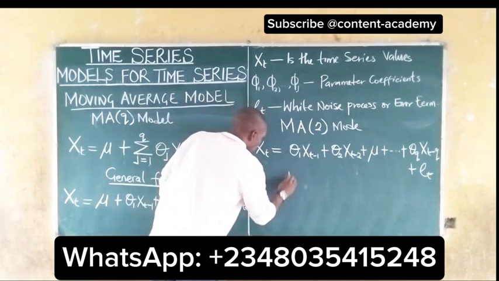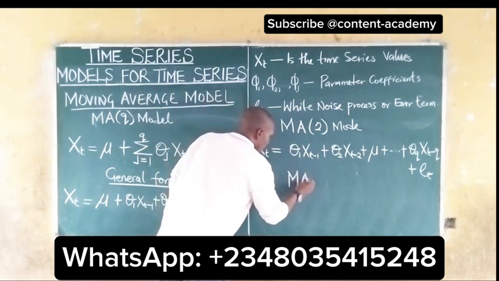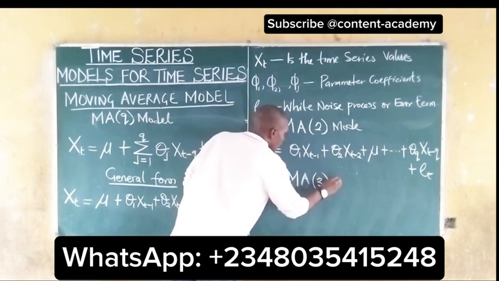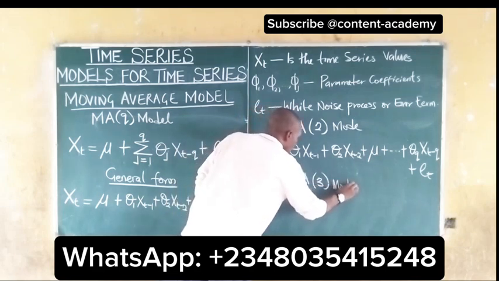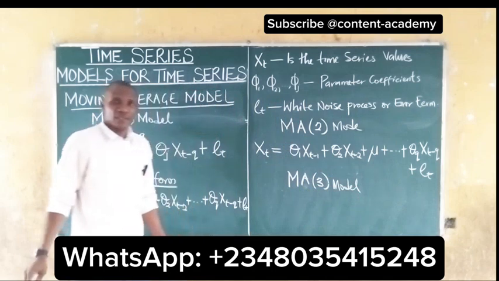Also, we can be asked to write MA of order 3. That means the moving average model of order 3.